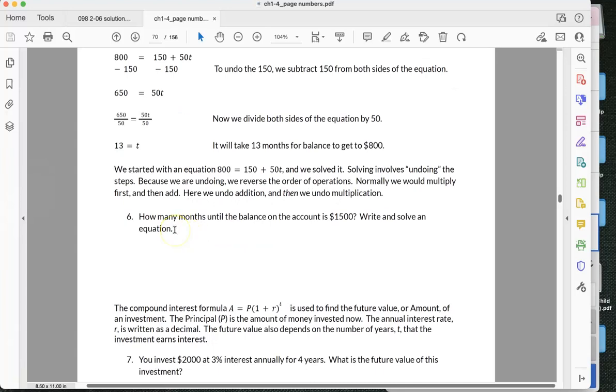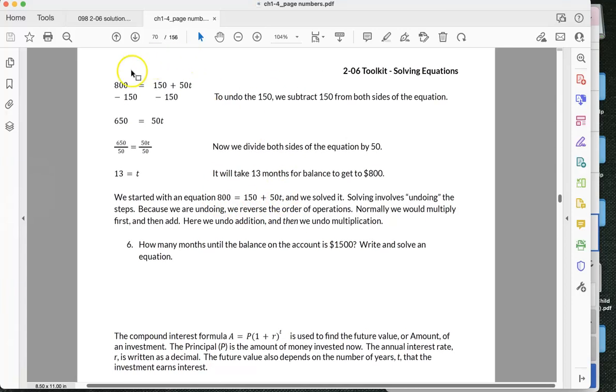Let's solve the problem again to find out how many months until the balance is $1,500. That's probably going to be a long time. So to do that, just put 1,500 in this slot and then copy everything else down, and then try mimicking the process of what I did up here to solve the equation.